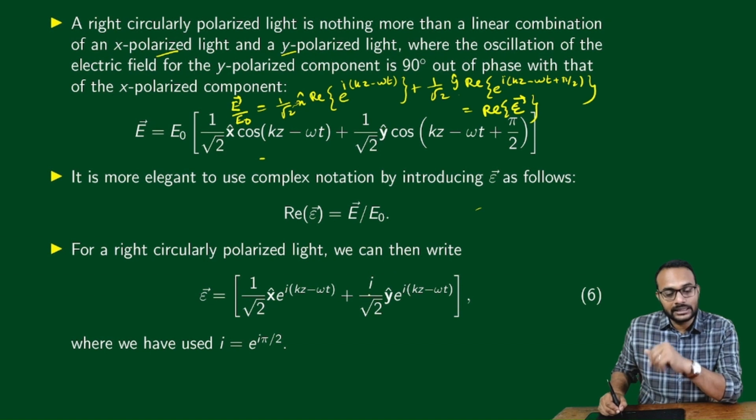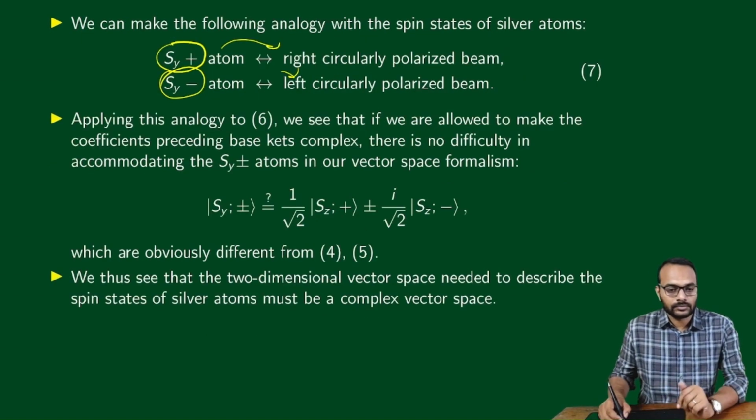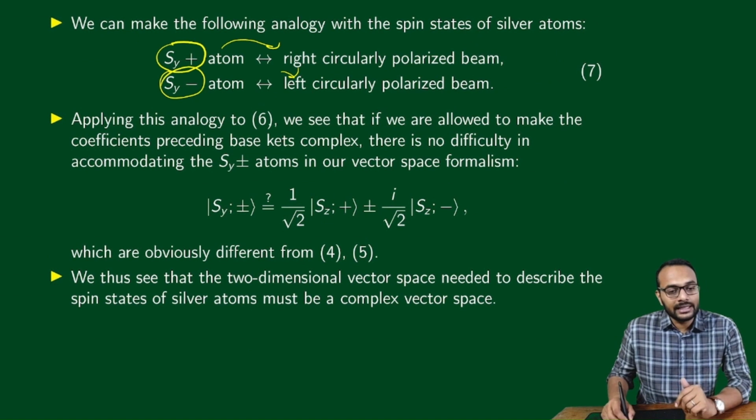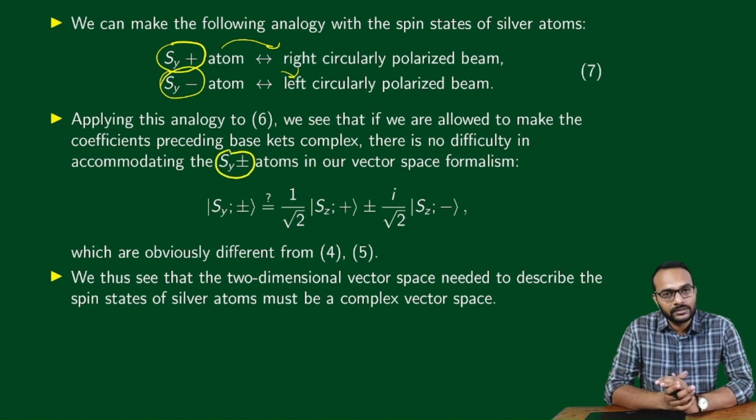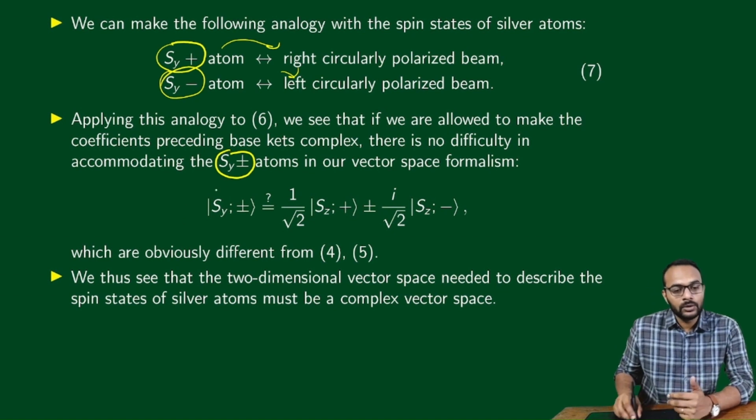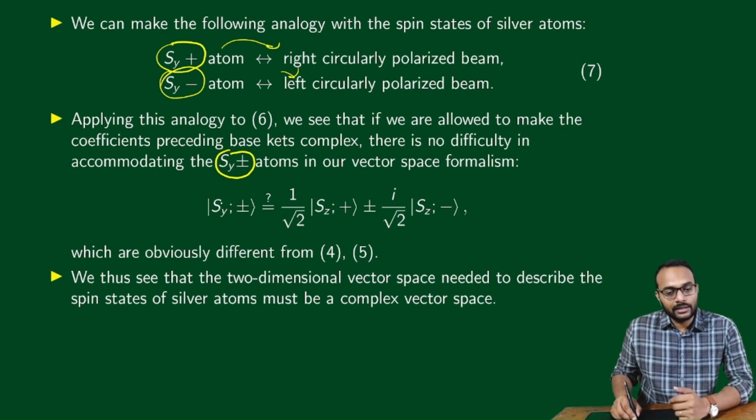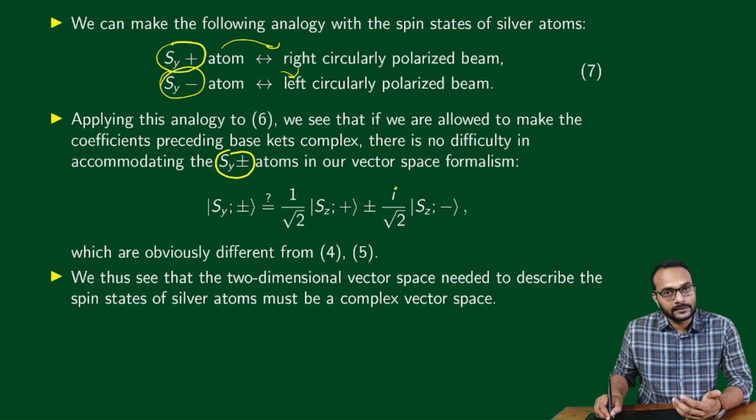But if you allow these coefficients to be complex, there's no difficulty in accommodating the Sy plus minus atoms in our vector space formalism. That's what we do. We are making the suggestion that maybe Sy plus minus can be written as 1 by root 2 Sz plus, plus or minus i divided by root 2 Sz minus.